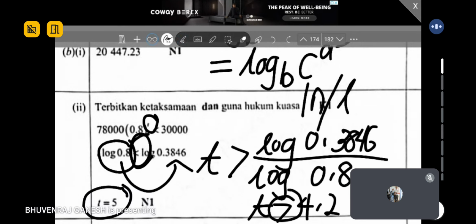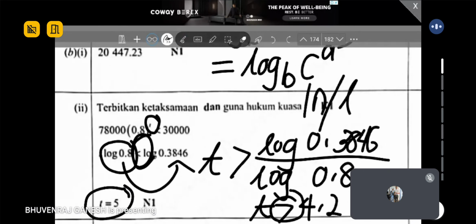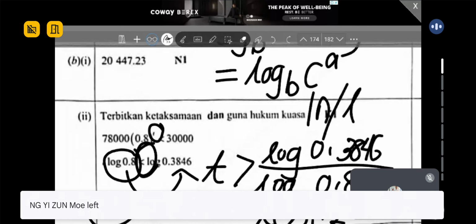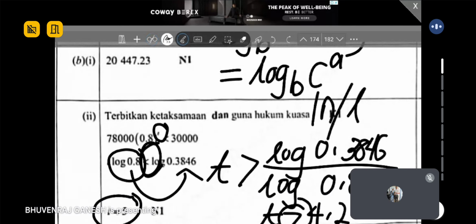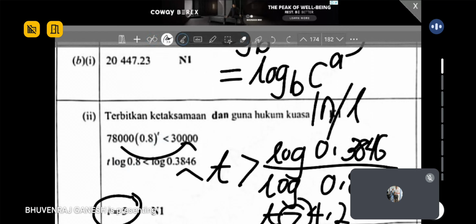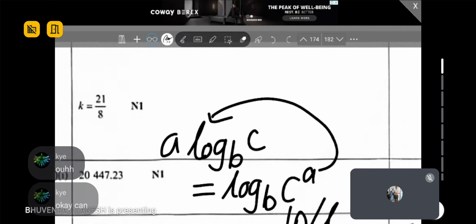So you must round off to the next number. Bundarkan. How to get log 0.3846? This one, you shift the 78,000 to the right hand side. 30,000 over 78,000 is 0.3846. Can? That's all.